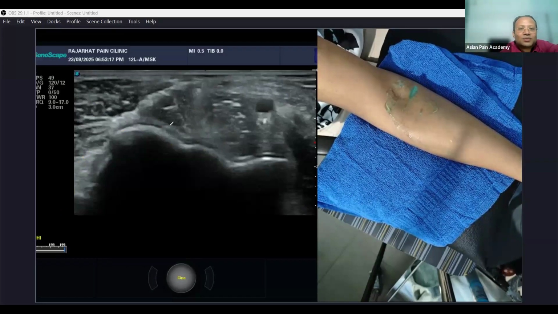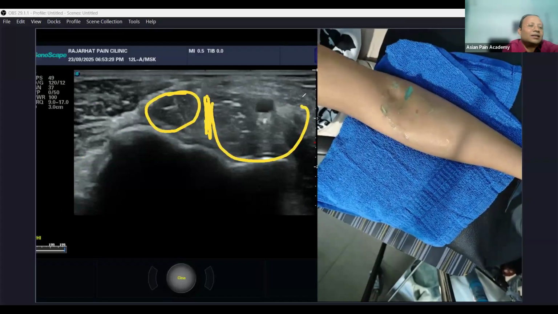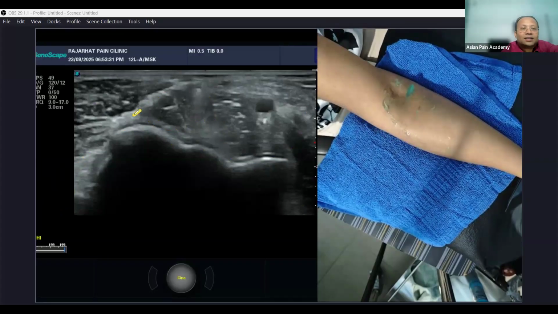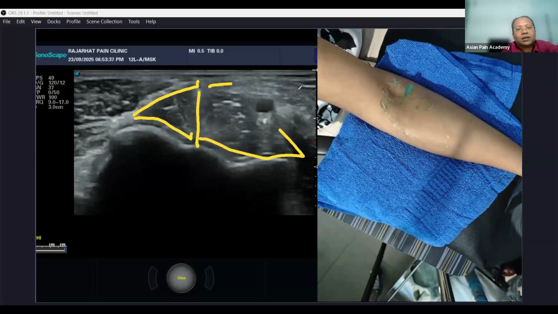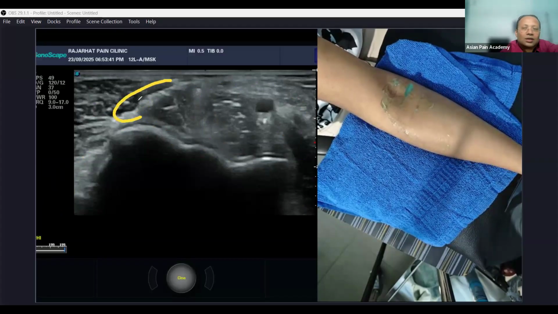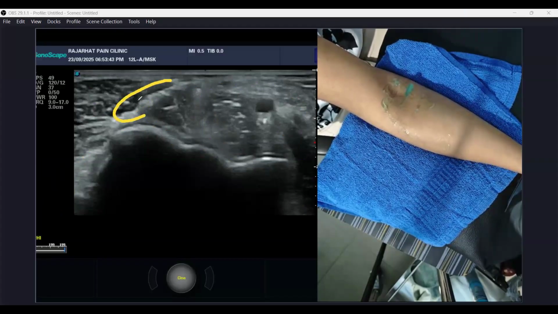Sometimes here there is one aponeurotic line, but don't confuse that this part is brachioradialis and this is brachialis, nothing like that, because brachialis also has lateral fibers and medial fibers. So this part is lateral fibers and this part is medial fibers. Here we will target. Does this brachialis look diseased, or is it normal?